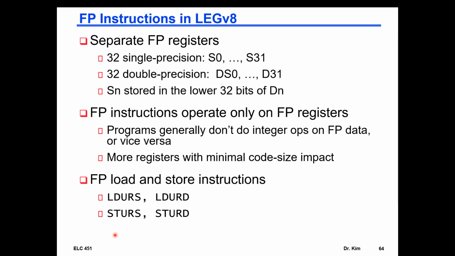You don't steer integer registers through the floating point arithmetic unit. So they only operate on the floating point registers. And then there are appropriate floating point load and store instructions: single precision load, single precision store, double precision load, and double precision store.